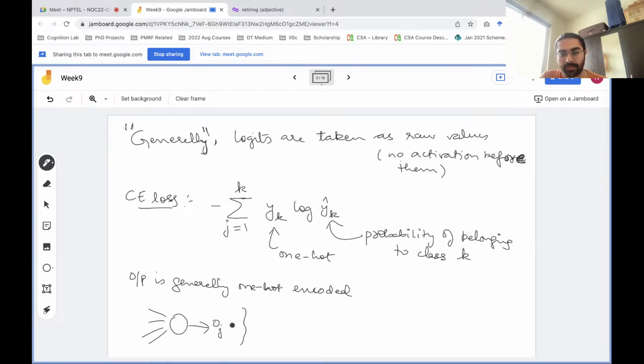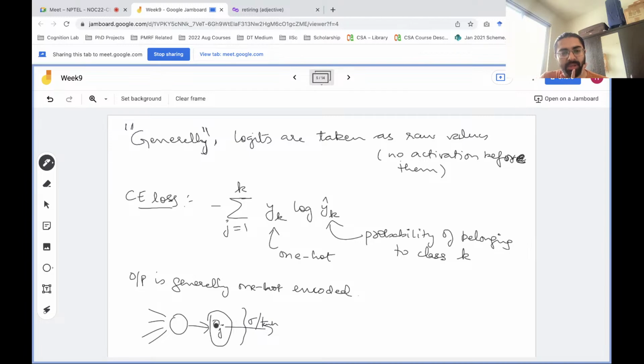We don't generally apply something like sigmoid or tanh on this, because these values talk about the preference to be given to this class compared to the remaining classes, so these values by themselves are not very useful to look at.